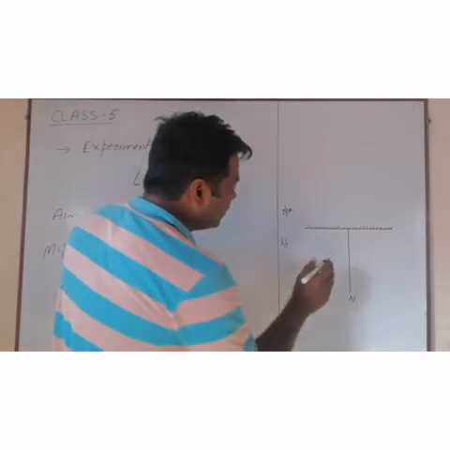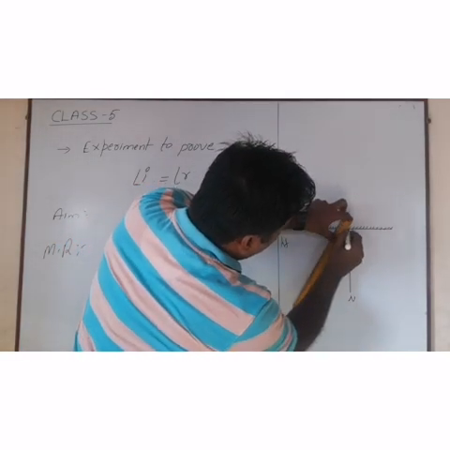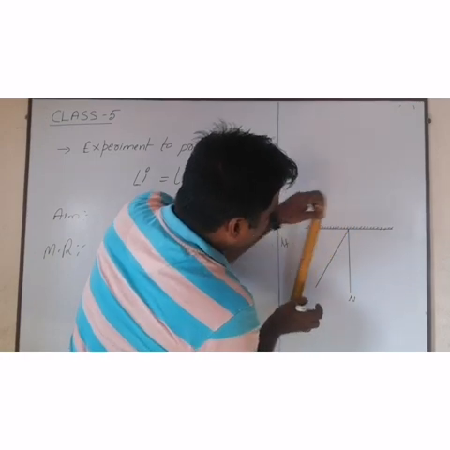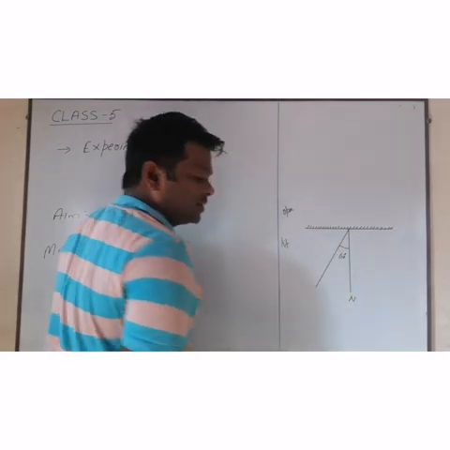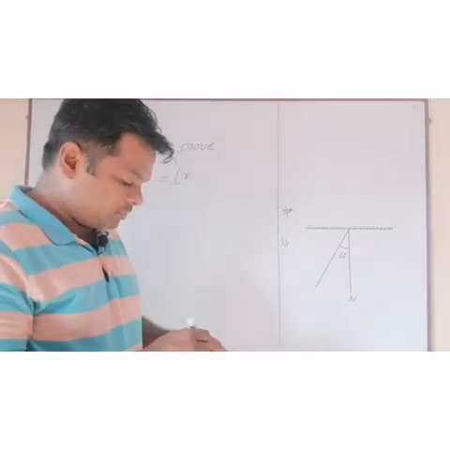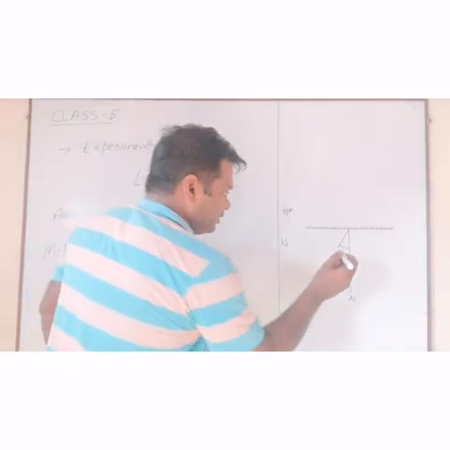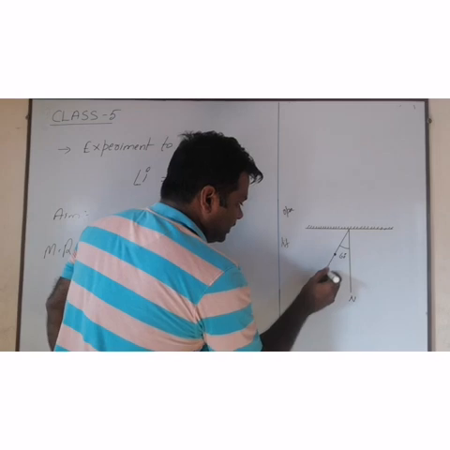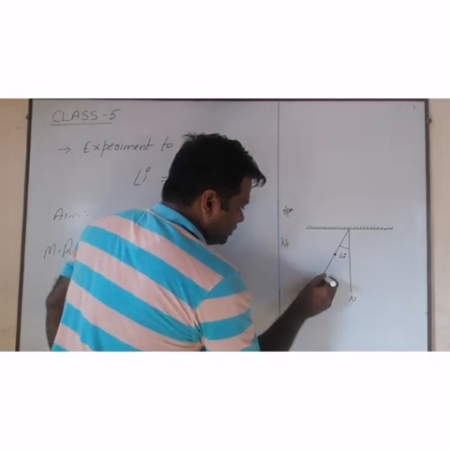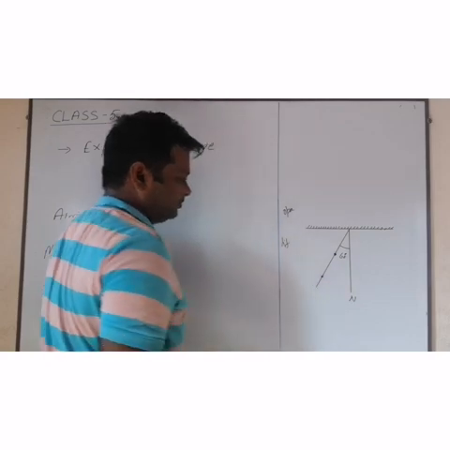Now I will do one thing. Here I will draw a line which makes 60 degrees with the normal. Here I will place a vertical pin like this, and here.